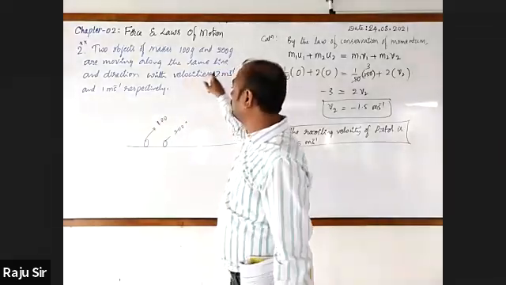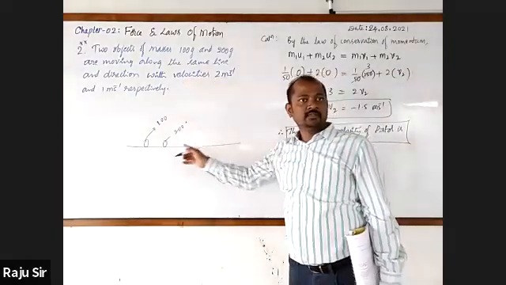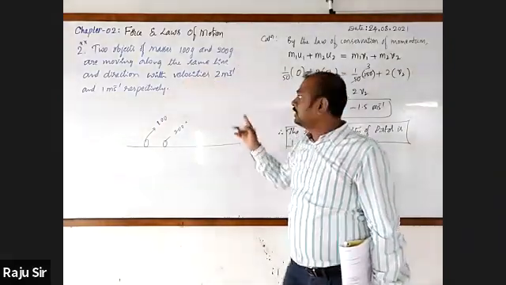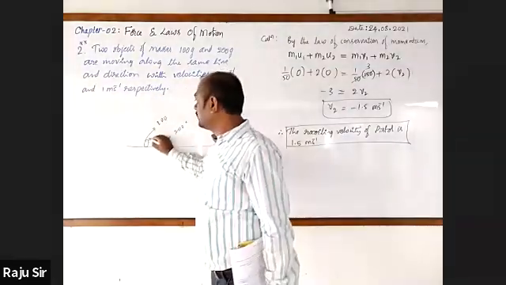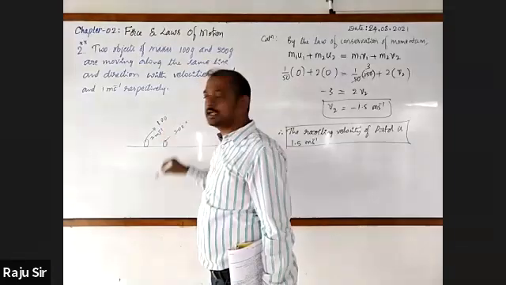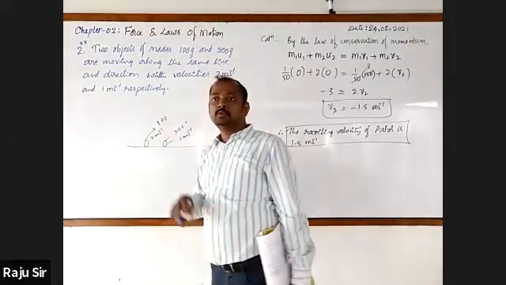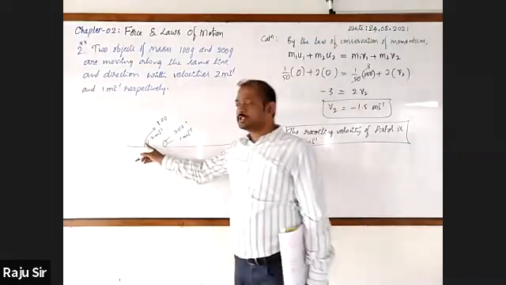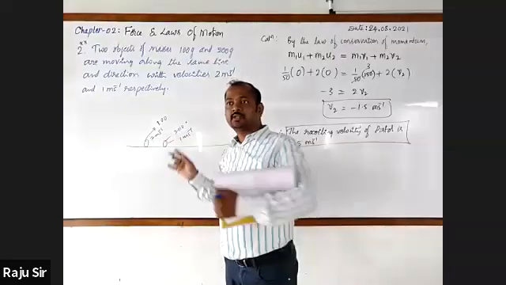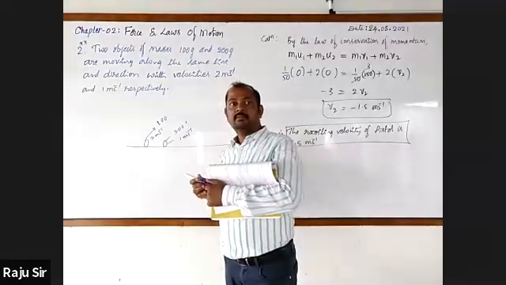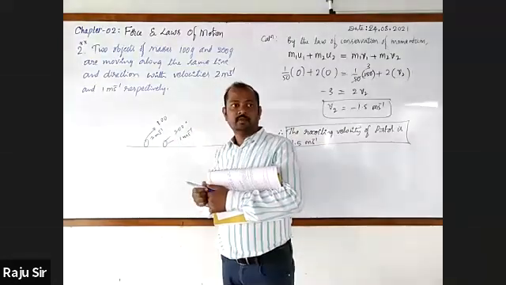They are moving along the same line, in the same direction, with different velocities. The first one moves at 2 meters per second, the second one at 1 meter per second, so the first one is moving faster. As they are moving in the same line and the same direction, they will collide after some time.